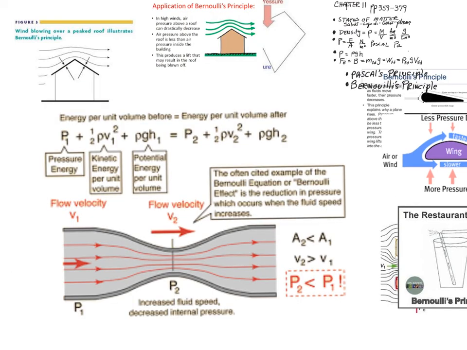So in the assignment questions, you'll see a lot of questions where it asks you to identify these various principles, and here are the applications of Bernoulli's principle. So formally what it means is, supposing we have a pipe that's constricted and the water's flowing through this pipe, but when it gets to this constriction, it has to speed up, right? Because it's forced through there faster, and then it slows down when it comes out the other side.